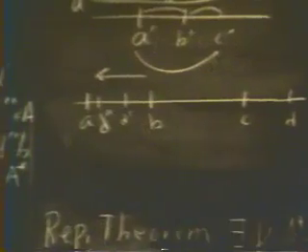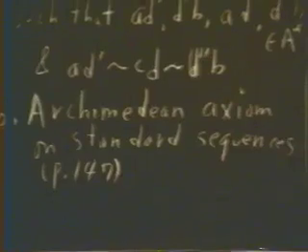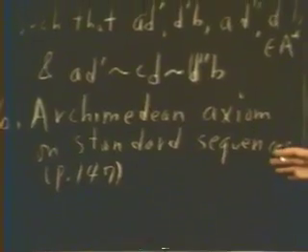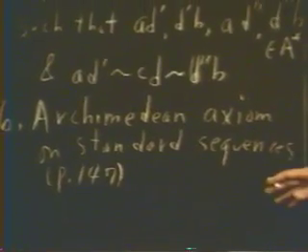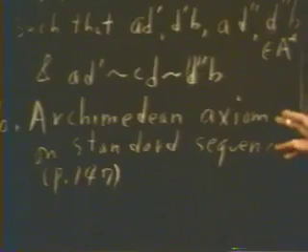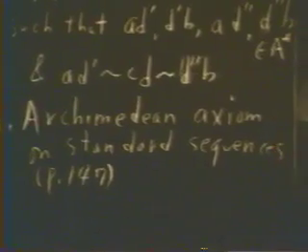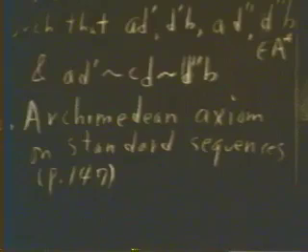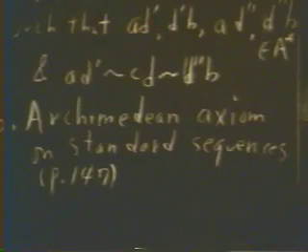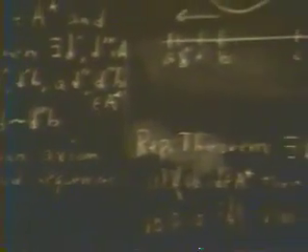And finally, we have a sixth axiom, which I haven't written down formally because it has a more or less standard form in terms of standard sequences. That's given on page 147 of the text, and is, of course, necessary to get the desired representation. Let's turn now to the theorem we want to get, given these six axioms on a positive difference structure.